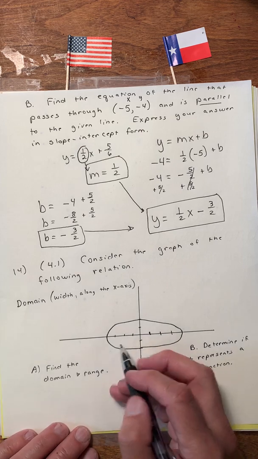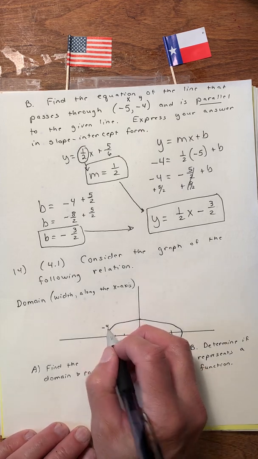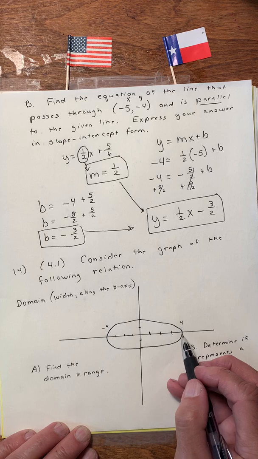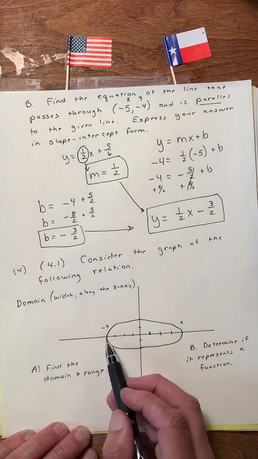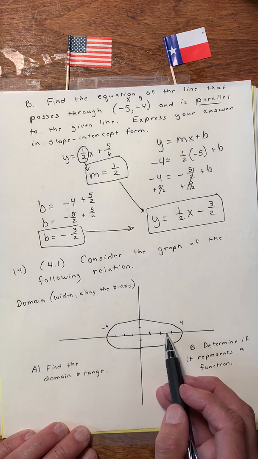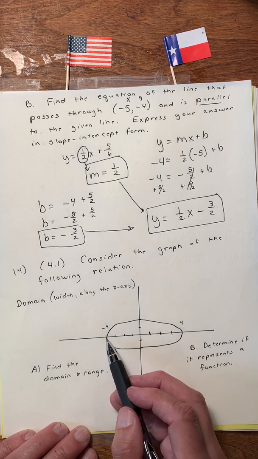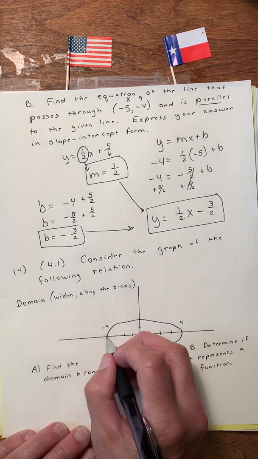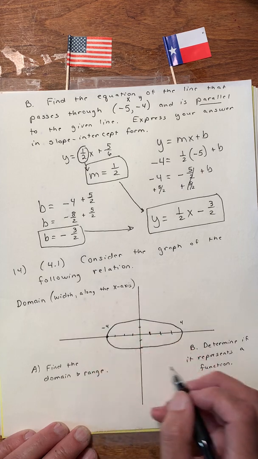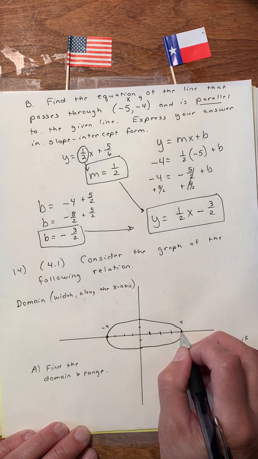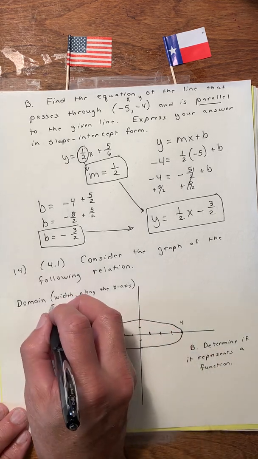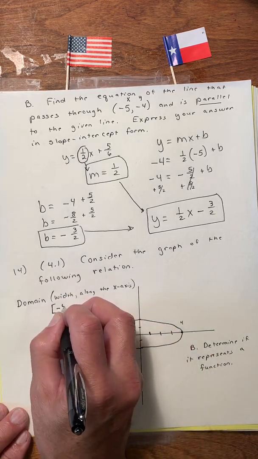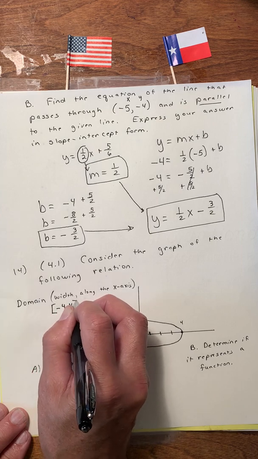The points are in between here and here. Let's see, 1, 2, 3. In between -4 and +4, aren't they? The domain, all the x values are between -4 and 4. Do they include -4 and 4? They absolutely do. There is a point at -4. There is a point on the graph at 4. So the domain is everything from -4 to 4.